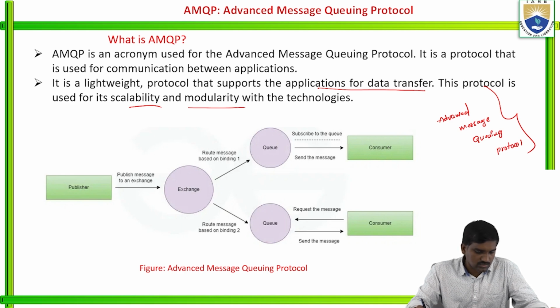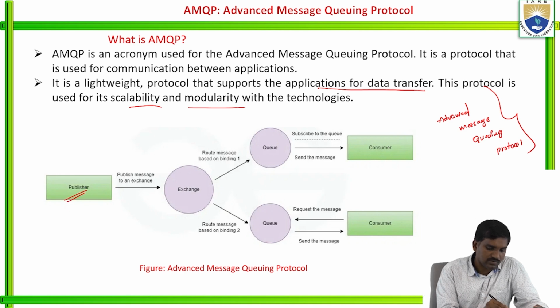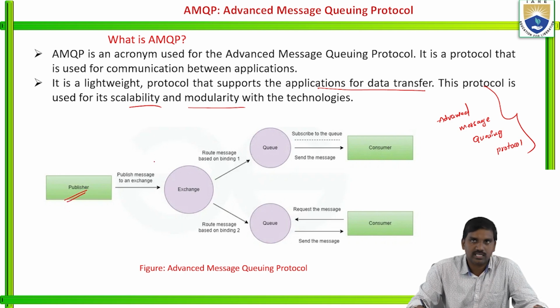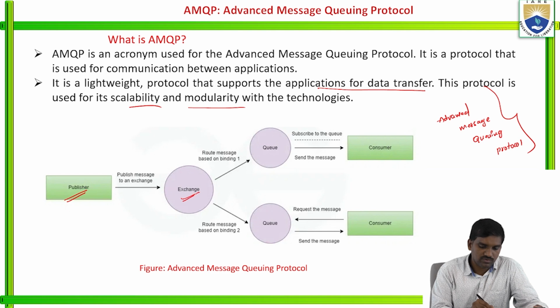This is the diagram of AMQP. It starts with the publishers. The publisher sends a message to the exchange. The exchange distributes information to the queues, Q1 and Q2. The exchange routes messages based on binding 1 and binding 2. The consumers subscribe to the queue, request the message, and the queue sends the message to the consumer.